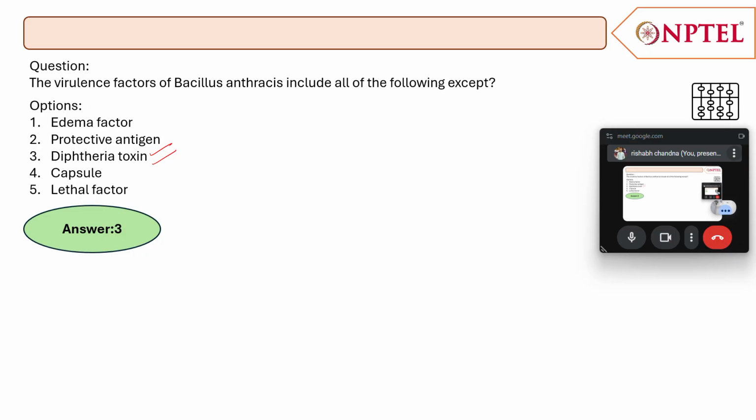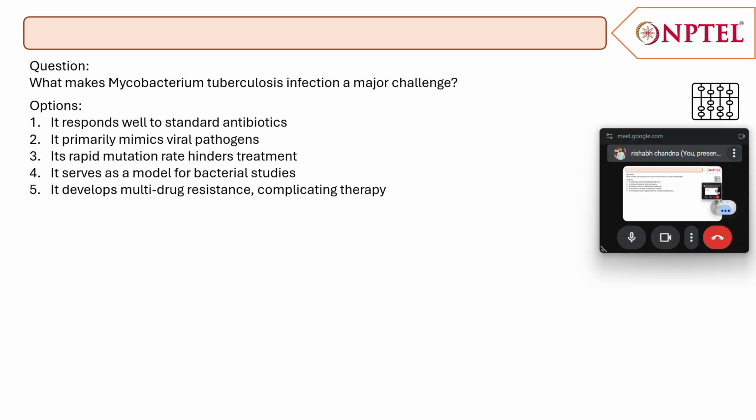Okay, so let's move on to the next question. What makes Mycobacterium tuberculosis infection a major challenge? So what can be the correct answer?